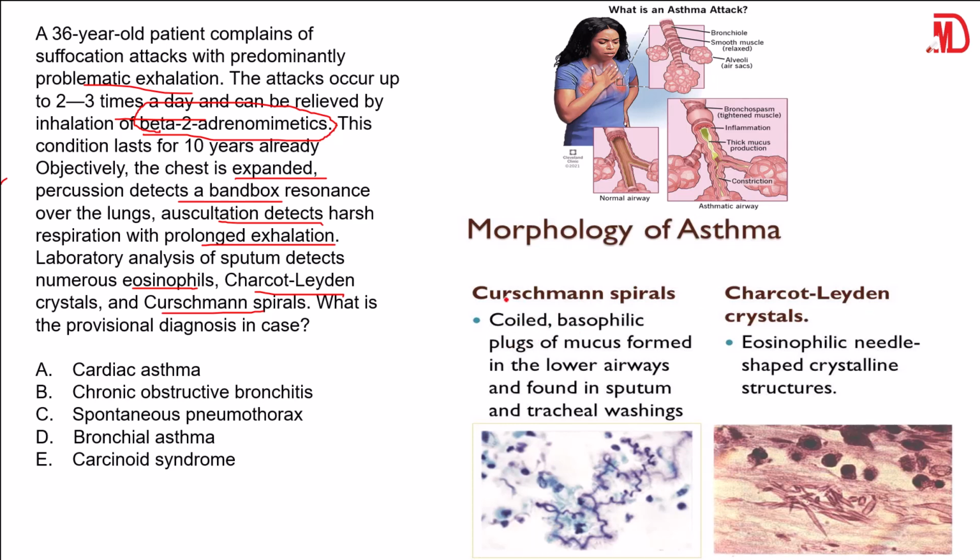Kussmaul's spirals refer to basophilic plaques of mucus formed in the lower airways and found in the sputum and tracheal washings, whilst the Charcot-Leyden crystals are eosinophilic needle-shaped crystalline structures.